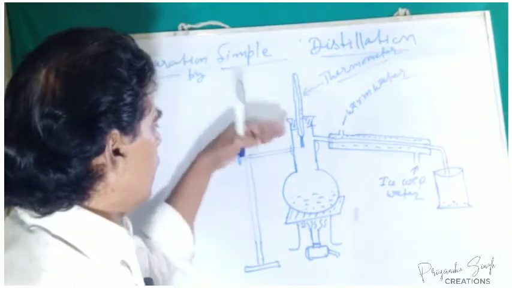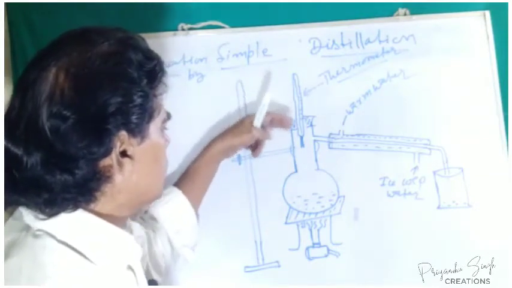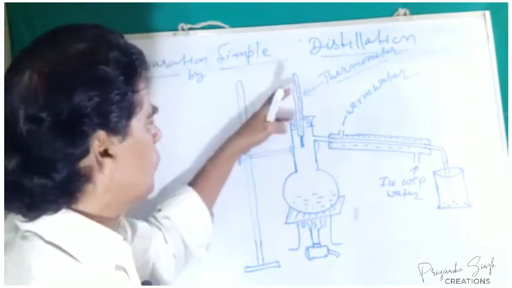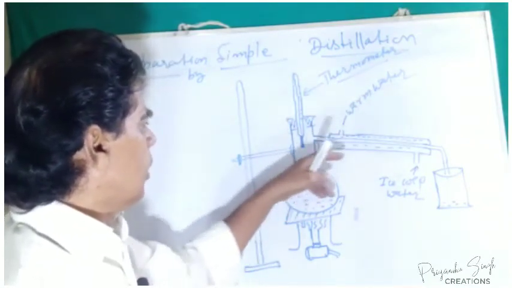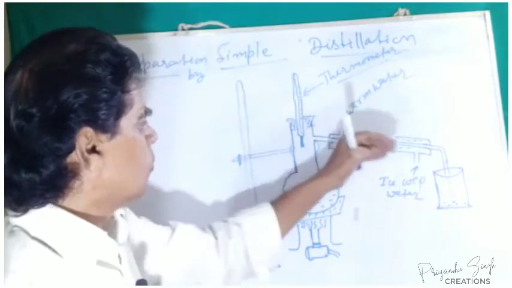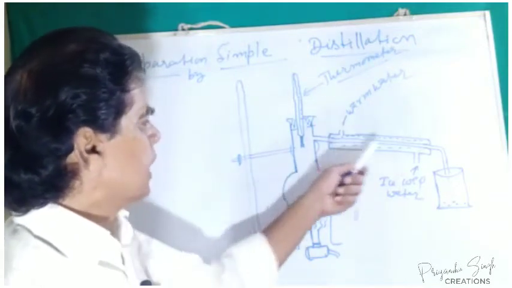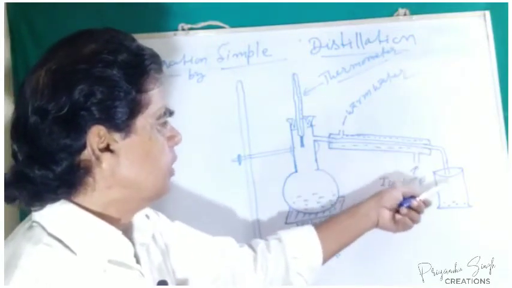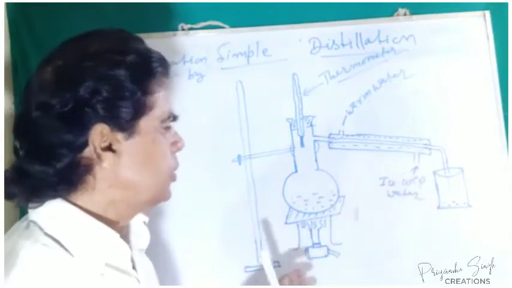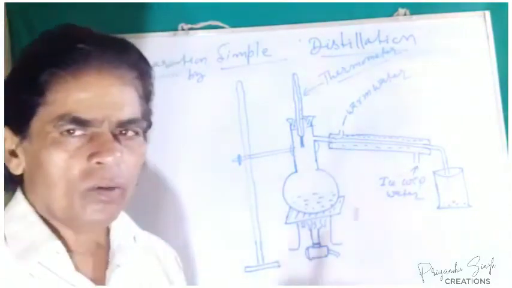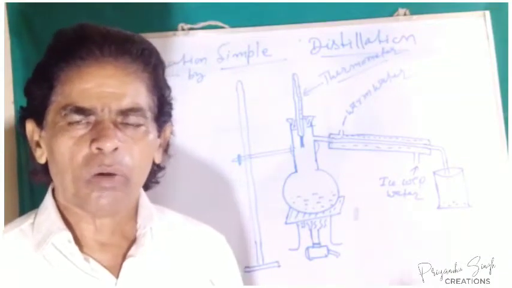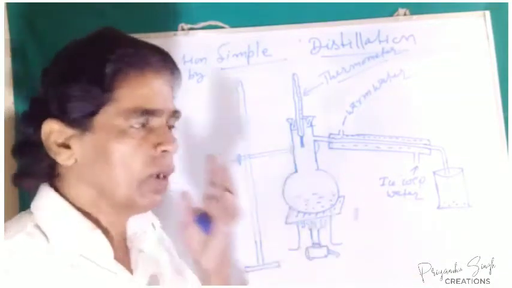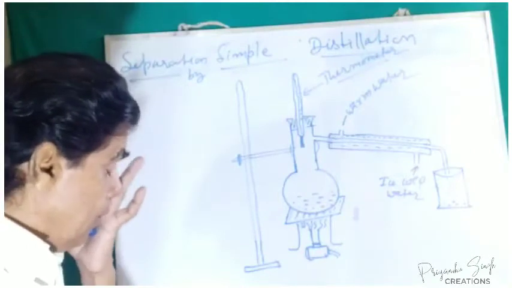At this higher temperature, this liquid also passes through the condenser in the form of vapor, gets condensed and is received in another receiver. In this way, we can separate both the liquids from each other by the simple distillation method.